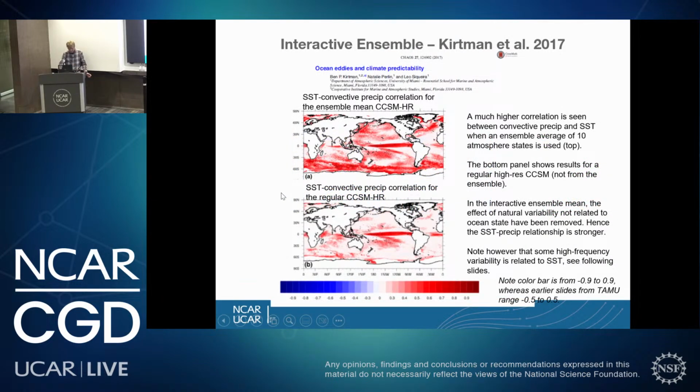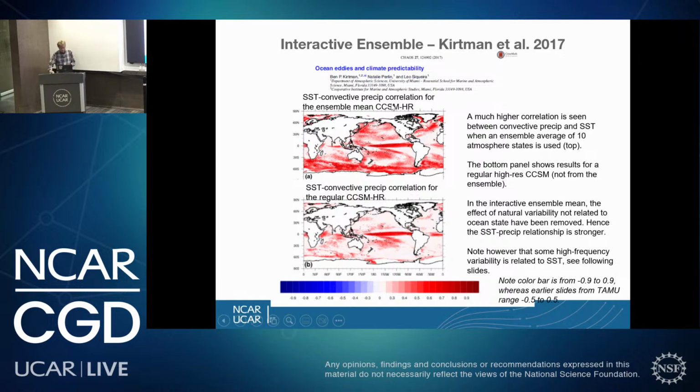And I'll just quickly say there's kind of an interesting paper by Ben Kirtman et al., where if you have an ensemble of atmosphere states forced by an eddying ocean, and then you take the ensemble mean of the atmospheric states, and then you do the correlation between SST and convective precipitation, you get much higher values than for just an individual ensemble member.